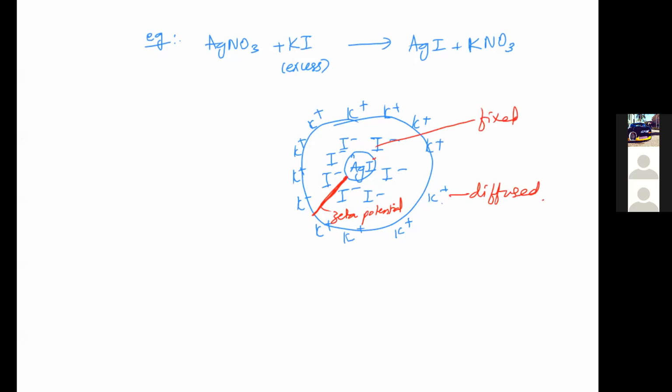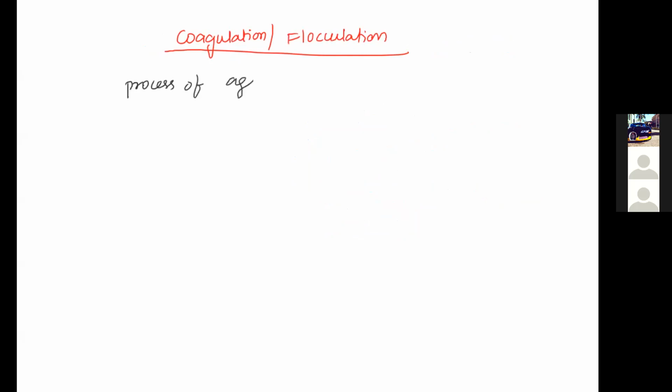I hope you copied. Now we are going to a topic called coagulation or flocculation. You know what coagulation of blood is. This is nothing but the process of aggregation.